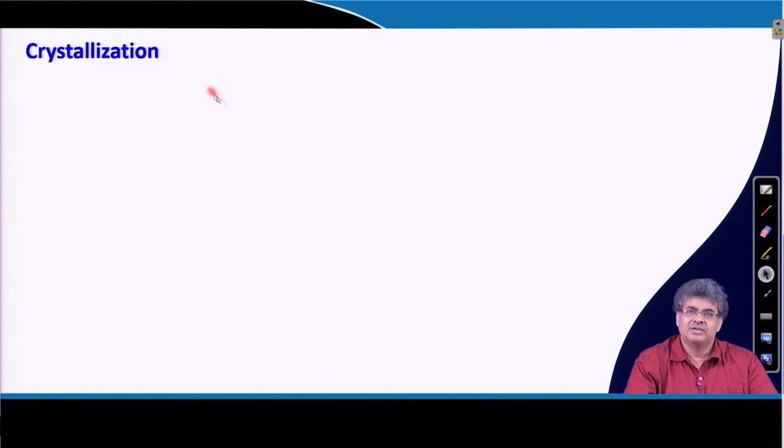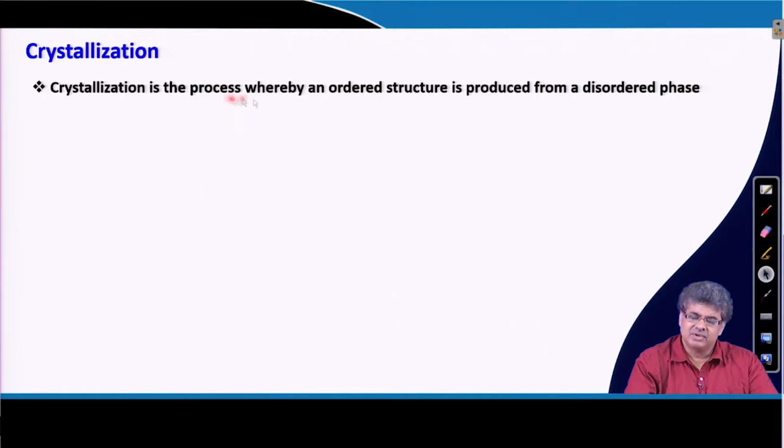Now, we will discuss the crystallization process. Crystallization is the process whereby an ordered structure is produced from a disordered phase, and the disordered phase could be a polymer melt or a polymer solution. In most cases, of course, we deal with polymer melt, and we talk about the crystallization process from polymer melt.